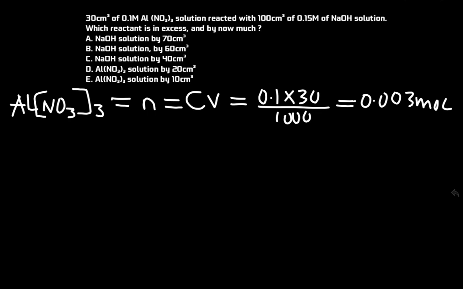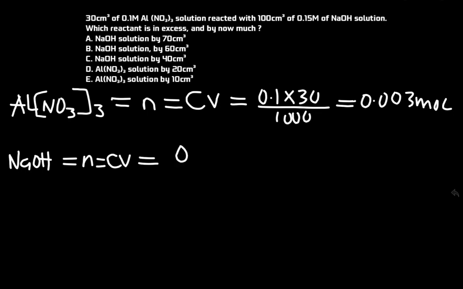The second step, you also solve for the mole of sodium hydroxide using the same formula, NaOH. This will be mole equals the conc times the volume. From our question, we're given 0.15 molar conc of sodium hydroxide.